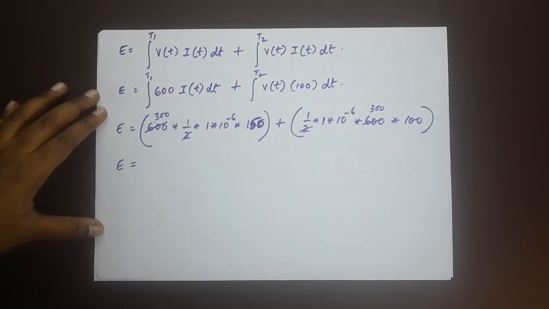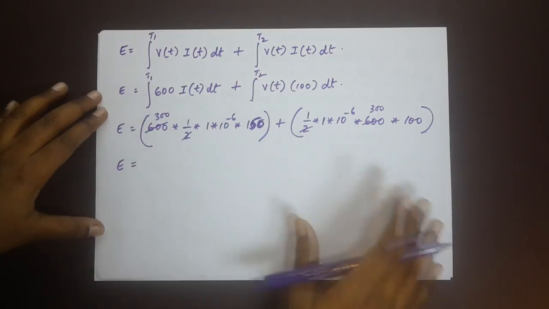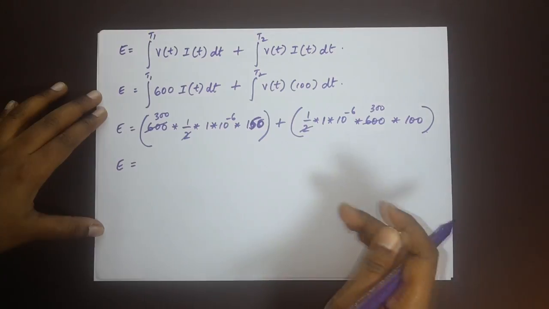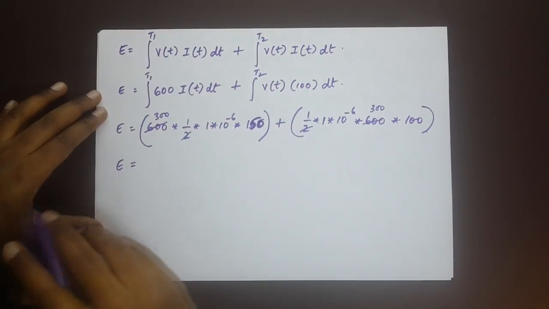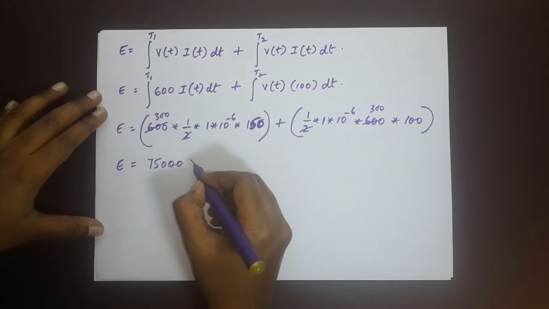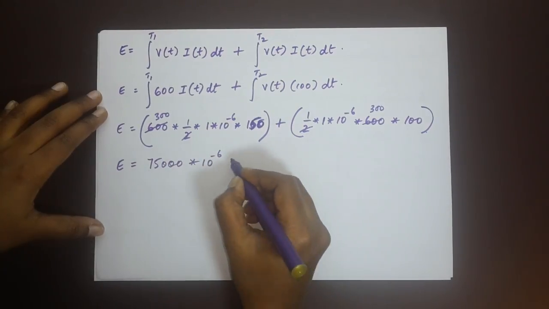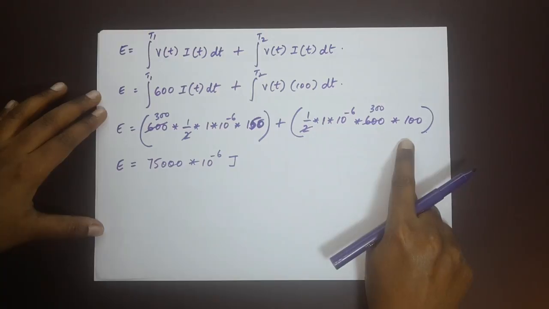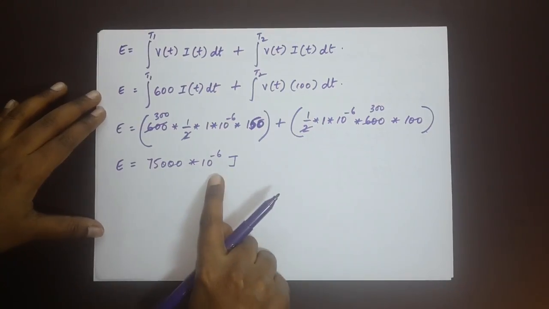Give you a moment and you can actually solve it. You should get a value of, let me just get the calculator here, 75,000 into 10 power minus 6 joule should be the result of that entire equation.